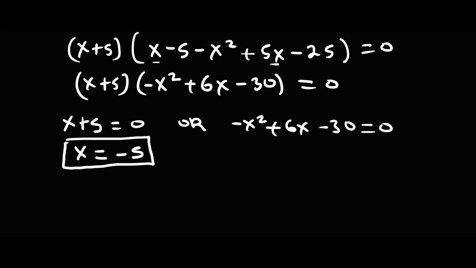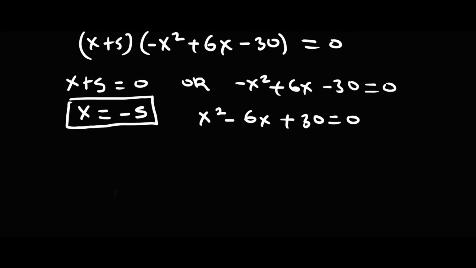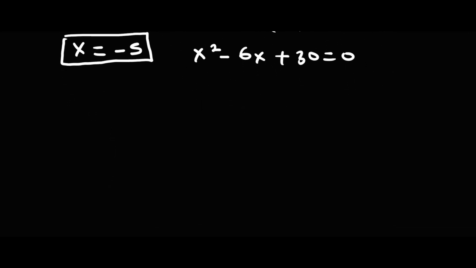And if this is also true, then we can solve this as a quadratic equation and get two more values of x. So let us do that. So we can write these by dividing through by minus 1, so that we have x squared minus 6x plus 30 is equal to 0. So we can solve this using the quadratic formula.